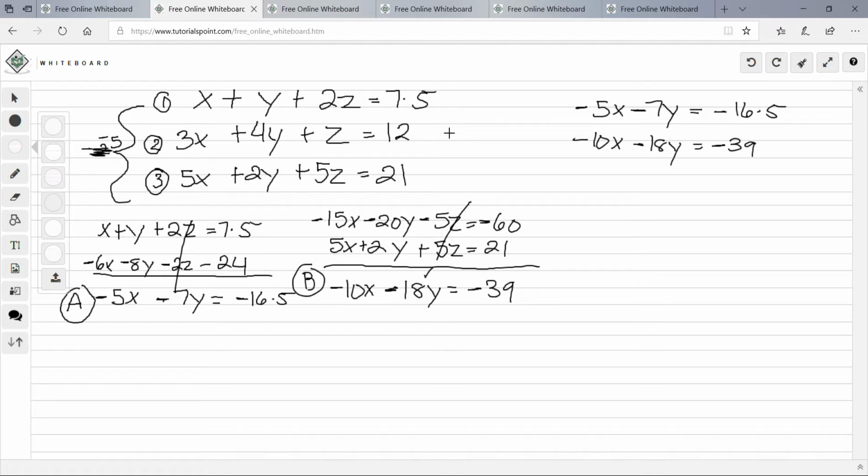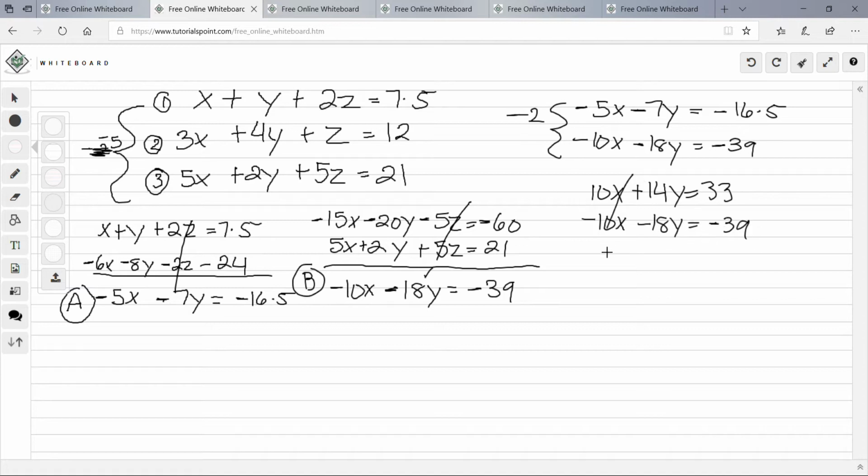Let's get rid of the x's, right? How do we get rid of the x's? We have to multiply the top equation, equation A, by -2. So if we distribute that -2, it's going to be positive 10x plus 14y equals 33. Then I'm just going to bring down equation B, which is -10x minus 18y equals -39.